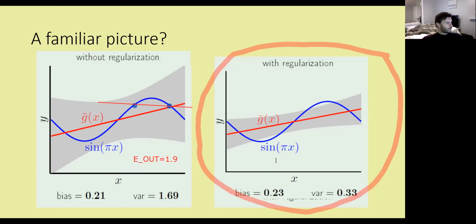But over in the right diagram using regularization, our out of sample error is a lot lower. It is down to 0.56. So in terms of predictive performance out of sample, the right model is doing better with respect to sampling error.